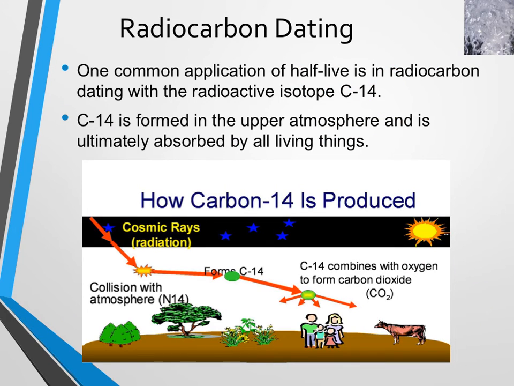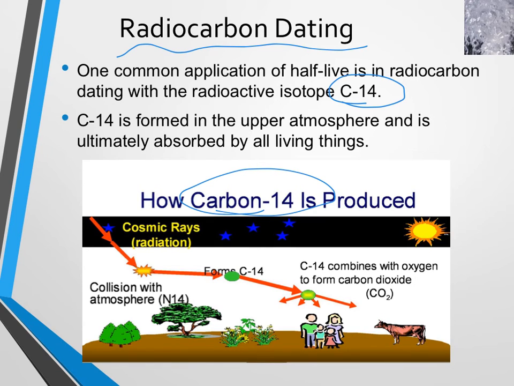Okay, so a couple more slides on our diversion about radioactive decay, which is first order. A common application of that is, you've probably heard of it, radiocarbon dating. Anything that was living at one time, scientists can do radiocarbon dating on to determine when it died or how long it's been dead. And that uses carbon-14. It's a heavy isotope of carbon. Carbon-14 is produced in the upper atmosphere, and it just kind of gets integrated.